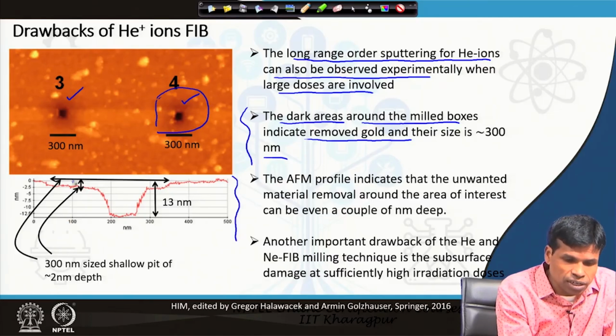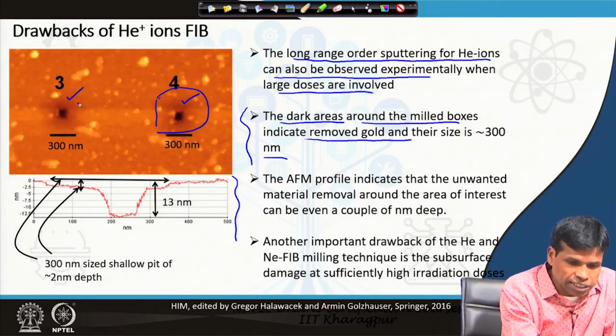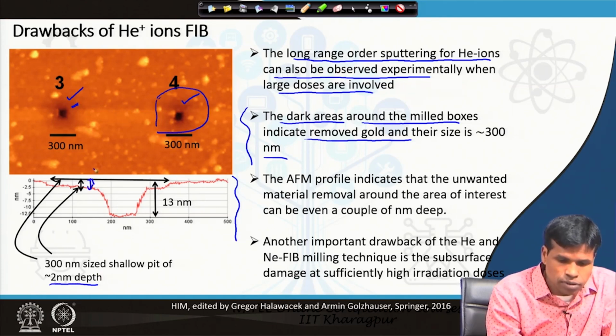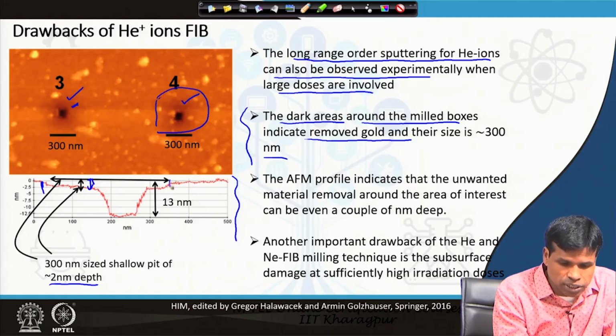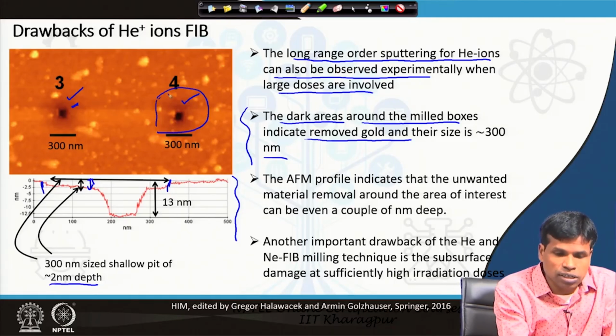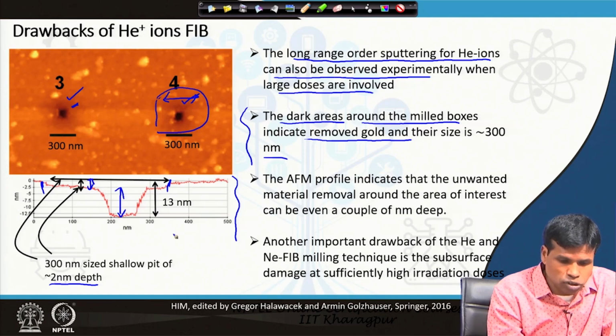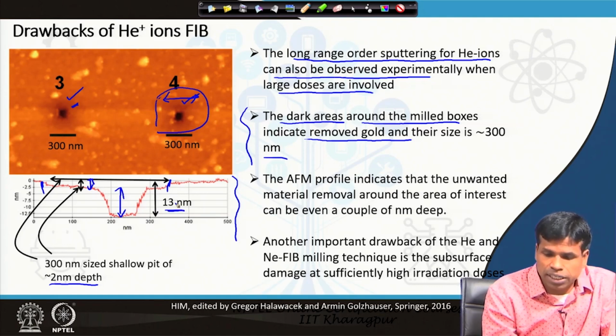As you see here, in this region, the depth is around 2 nanometer. This region is 2 nanometer depth, and this area from here to here is around 300 nanometer. It is almost more than 300 nanometer. This area, we have a pore depth of approximately 13 nanometer.